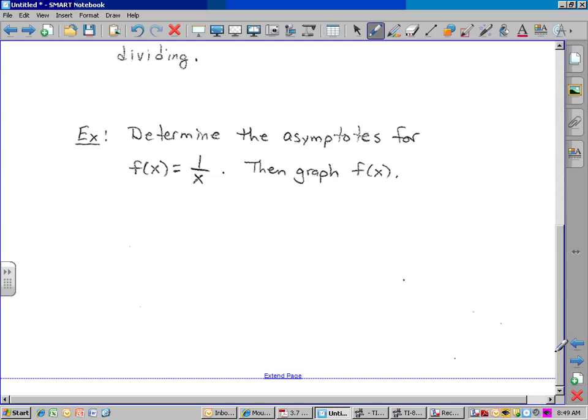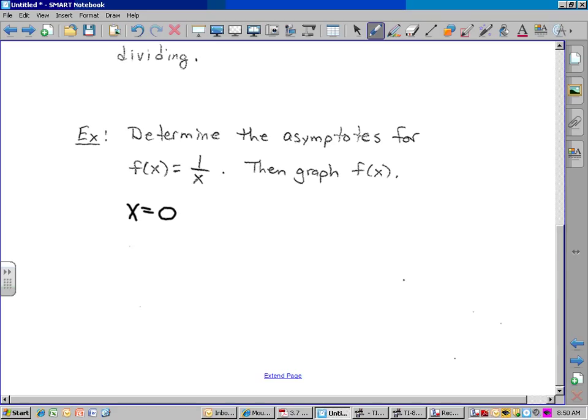To determine the asymptotes, the first thing I want you to talk about is discontinuity. Okay? Discontinuity is caused by zeros in the bottom of a fraction. So what will cause a 0 in the bottom of this function, 1 over x? The answer is 0. If we plug 0 in, we will get a 0 on the bottom. There is no other number we can plug in to make it 0 on the bottom.